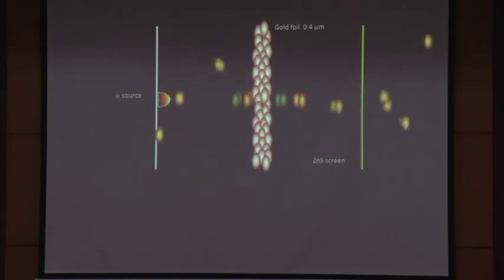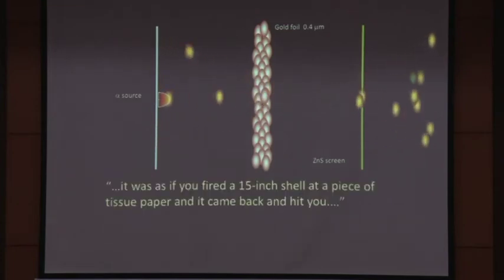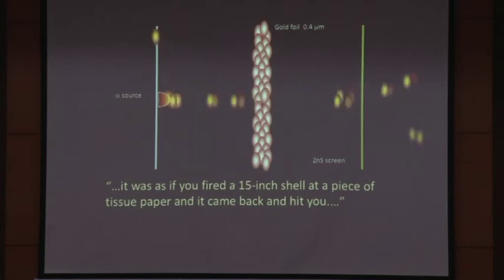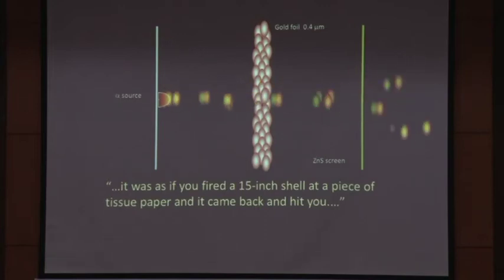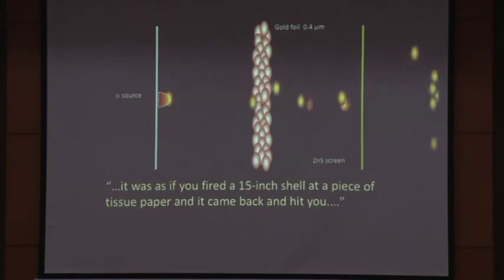What it means is that it's like you fired a 15-inch shell into a piece of tissue paper and it came back and hit you. Gold foil has a thickness of something like 0.4 micron, right?